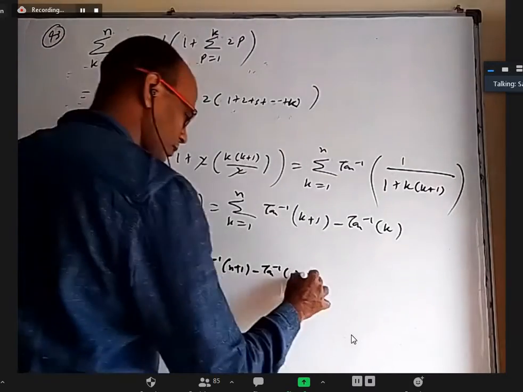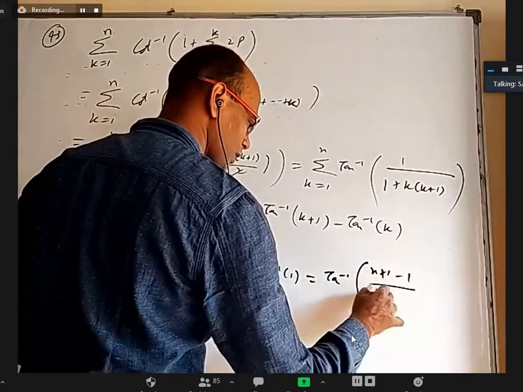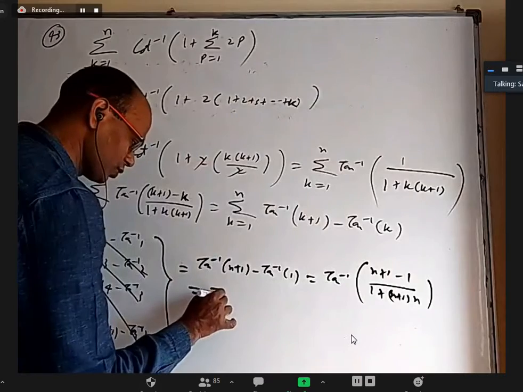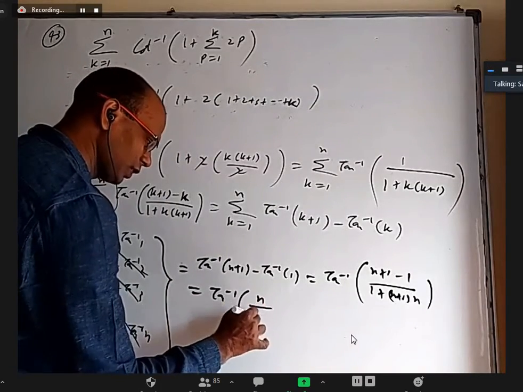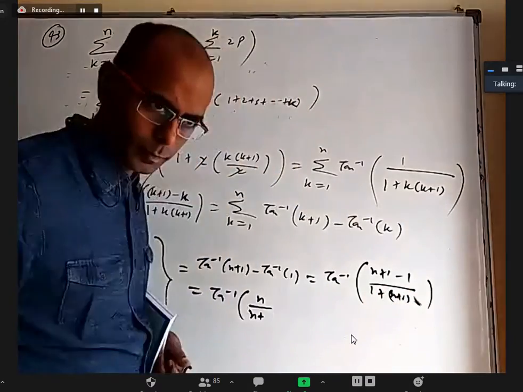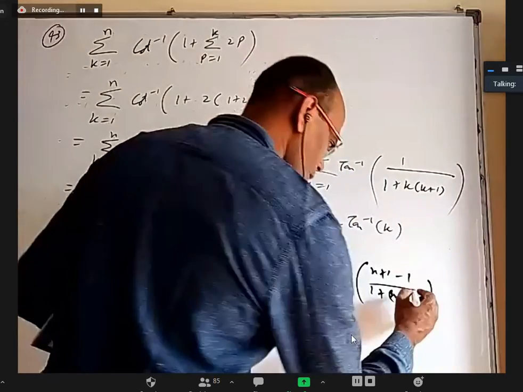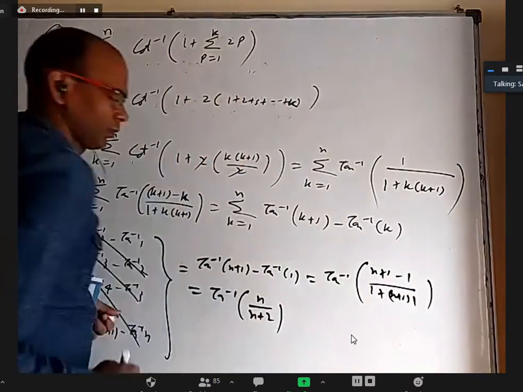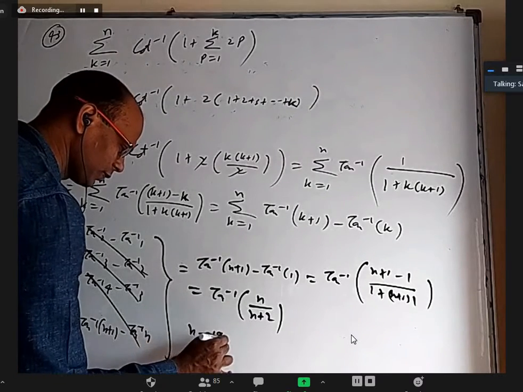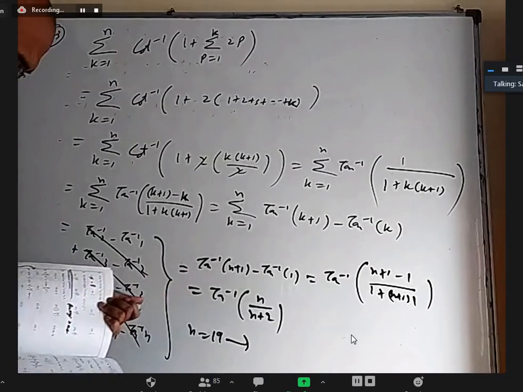Okay, the same question basically. Tan inverse of ((n plus 1) minus 1) by (1 plus (n plus 1) into 1), which is tan inverse of n by ((n plus 1) into 1)... And now if n equals 19, okay, I removed 19 and kept n, and removed n and kept k basically.